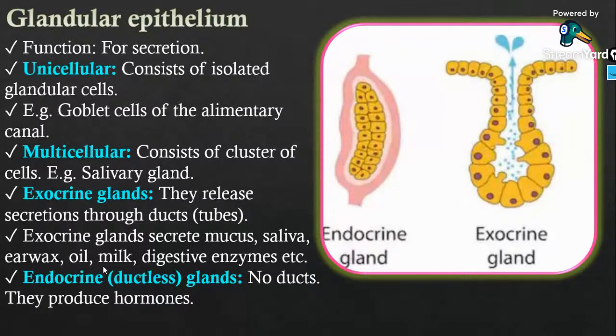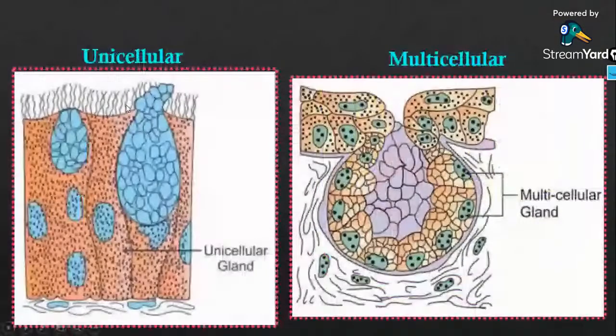Is it perfectly clear for everybody? Yes, thank you so much. So, guys, this diagram shows the structure of a unicellular gland, such as a goblet cell that produces mucus in the alimentary canal. This is the multicellular gland, such as the salivary glands present inside our body.